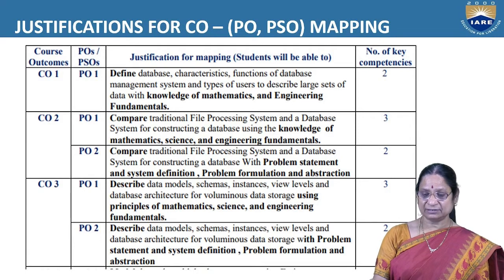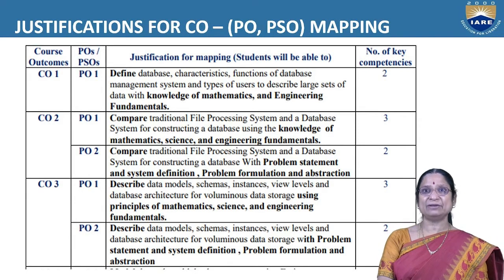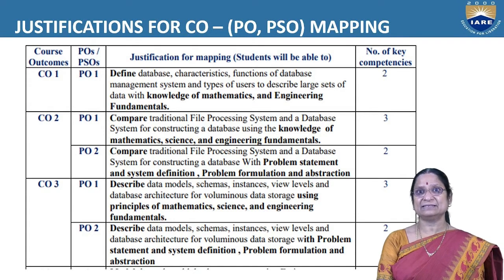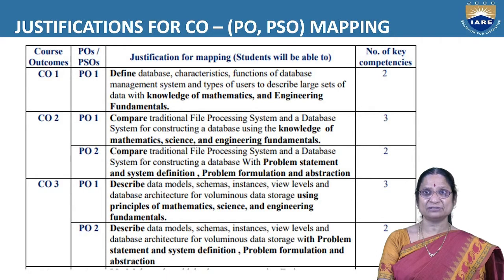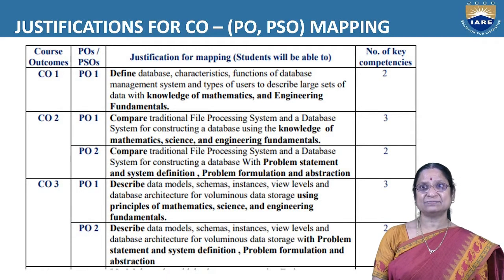So with PO1, 3 terms, and with PO2, 2 terms, because while comparing, we need to analyze them. That means the problem statement must be considered, system definition, as well as the formulation, as well as abstraction. So 2 key competencies are mapping with our CO2.